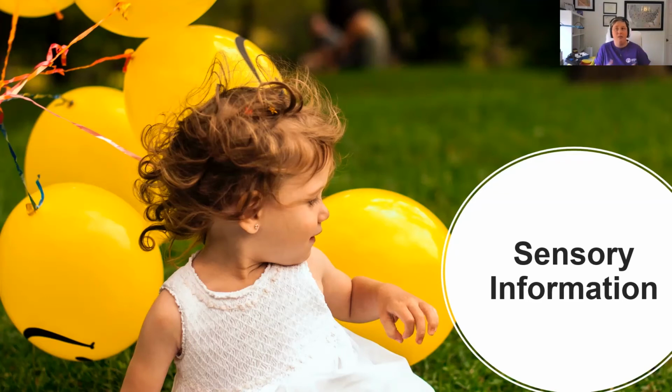So I want you to examine the picture on the screen. I will describe it. A little girl sits in a grassy area outside. Her head is turned to the left, and she might or might not be looking at something in the distance.